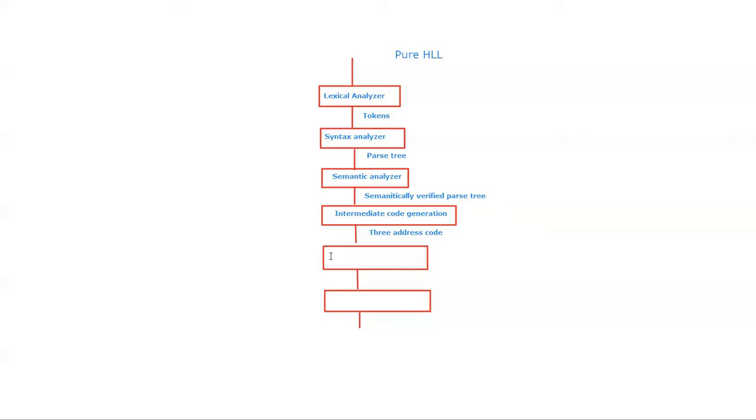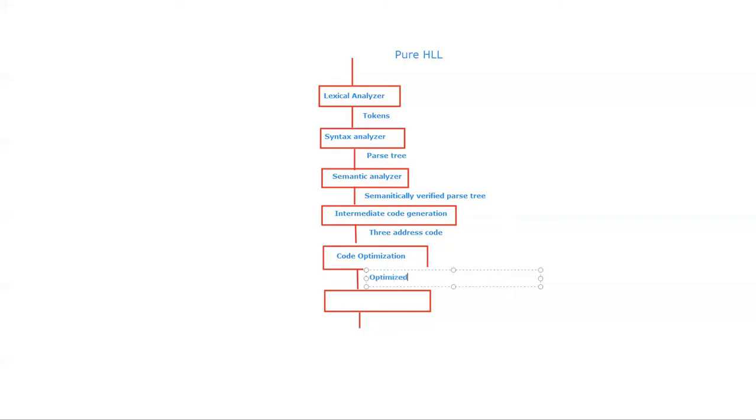Right, now the next phase is code optimization. Okay, so basically the purpose of the code optimization phase is to reduce the size of the program, the size of the source code. Right? So what is the output?